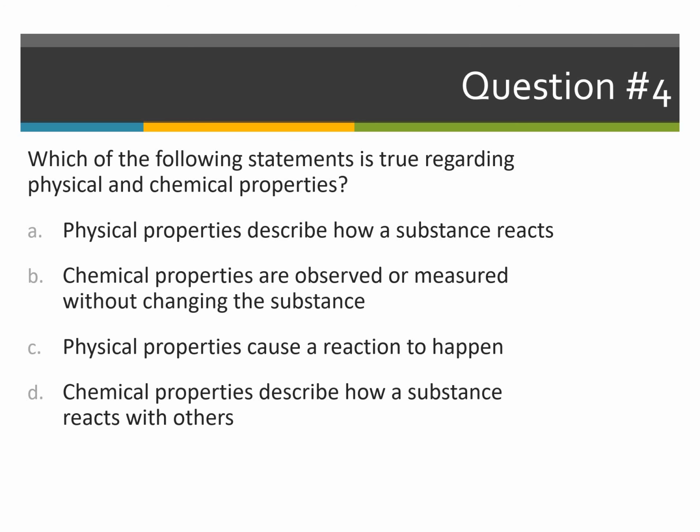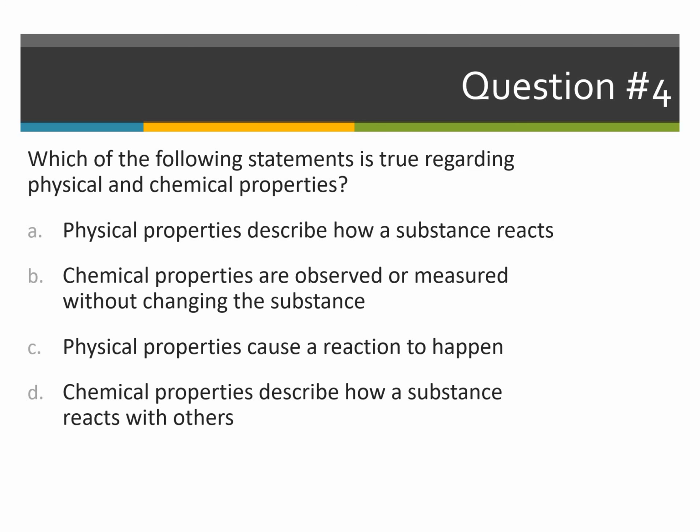The keyword here is reacts. When things react, we're not talking about physical properties. We're talking about chemical properties. Remember, physical properties are just described by using your senses. We don't need to do a chemical reaction. When we do a chemical reaction, that is a chemical property. So the first statement is false.